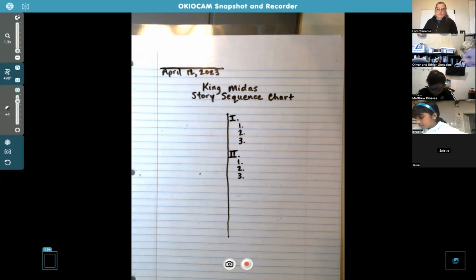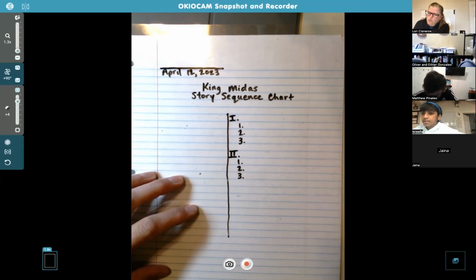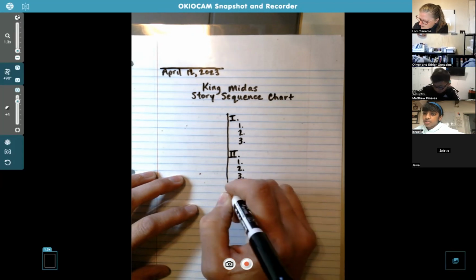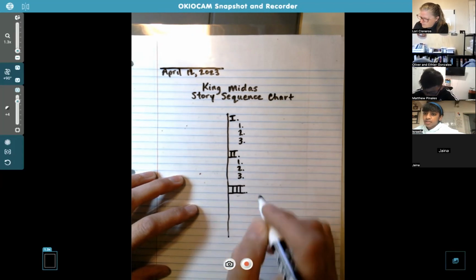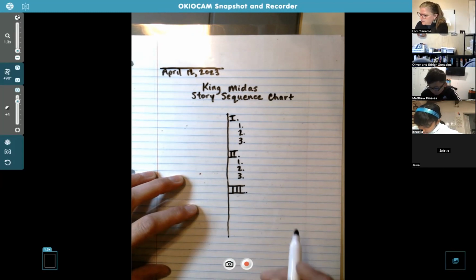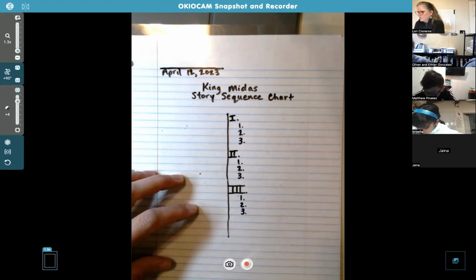And then you're going to do it one more time. You're going to skip a line, and this time it's going to be Roman numeral 3, which looks like this. 1, 2, 3, with a top and a bottom. That's how you write Roman numeral 3. Under that, you can probably guess, move over a little bit and do the same thing with 1, 2, 3.